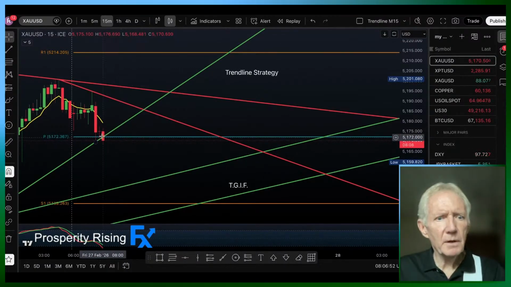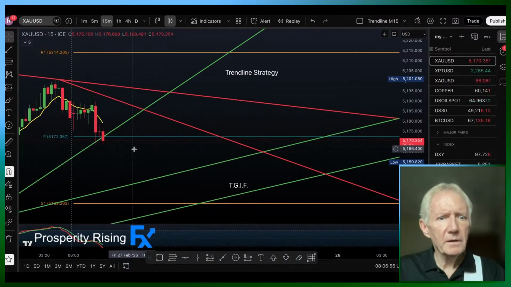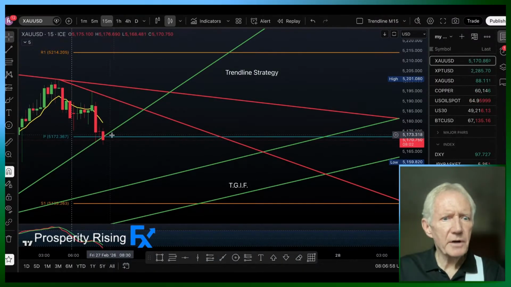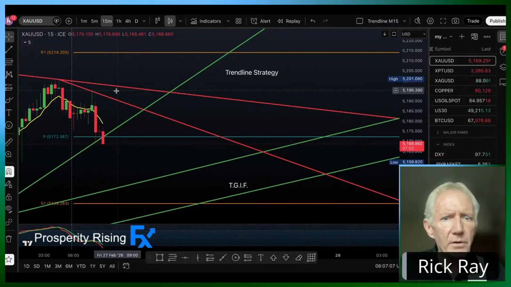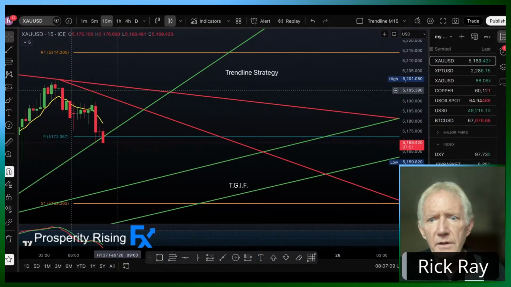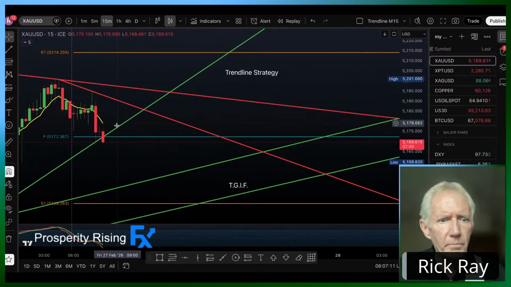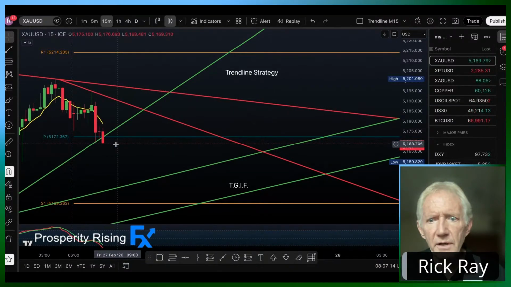It looks like we might turn bearish during this session. And my trend line strategy says if it breaks and closes below that green line, then I should go short. However, that means my stop loss is way up here, and that's about a $30 stop loss. That's a lot bigger stop loss than what I want to take.